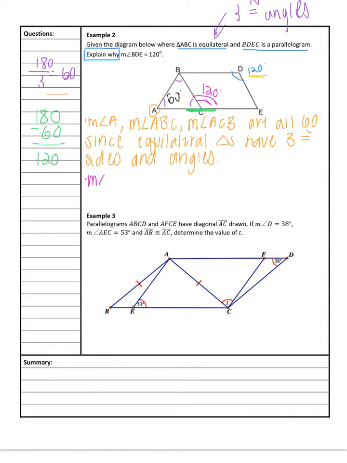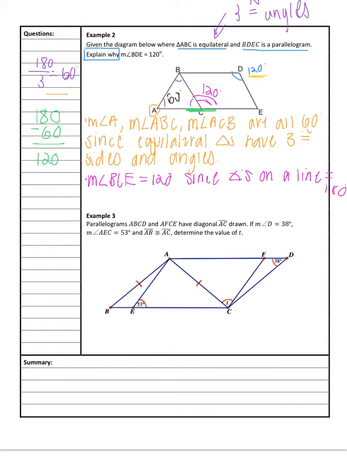So the measure of angle BCE equals 120, since angles on a line equal 180 degrees. So we now know that that one angle there is 120.